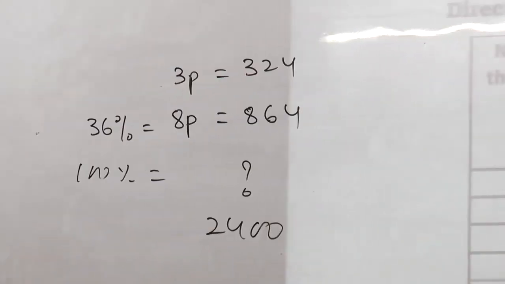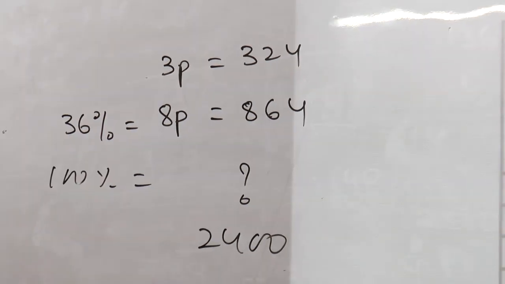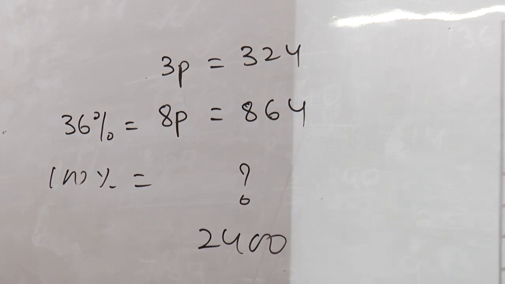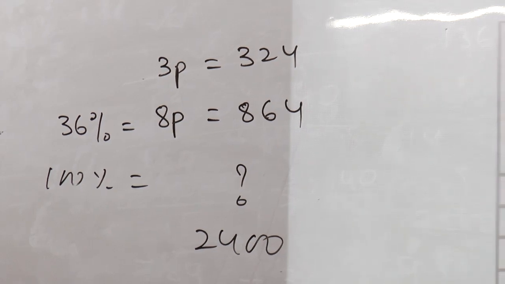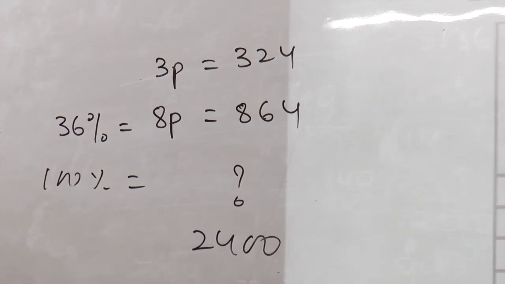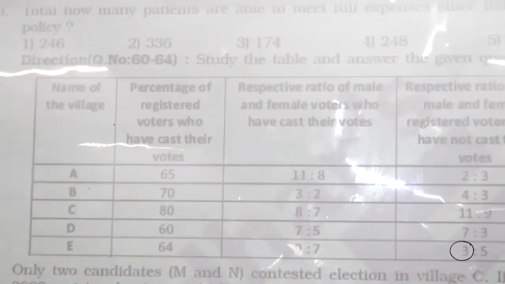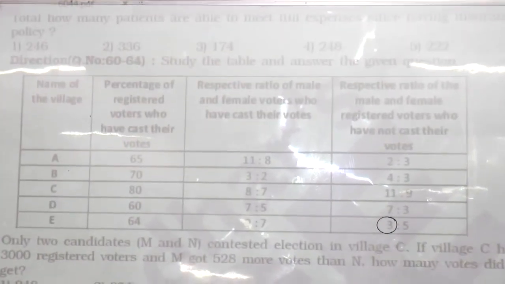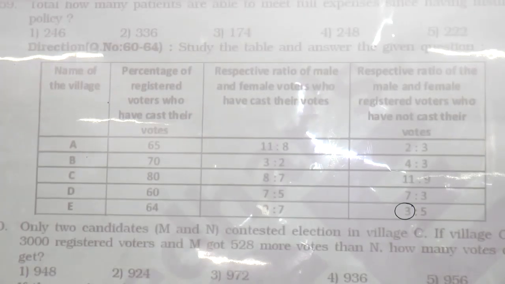Right, next. If the number of registered voters in village A is 3800, how many female have cast their votes in that particular village? Village A. Right.